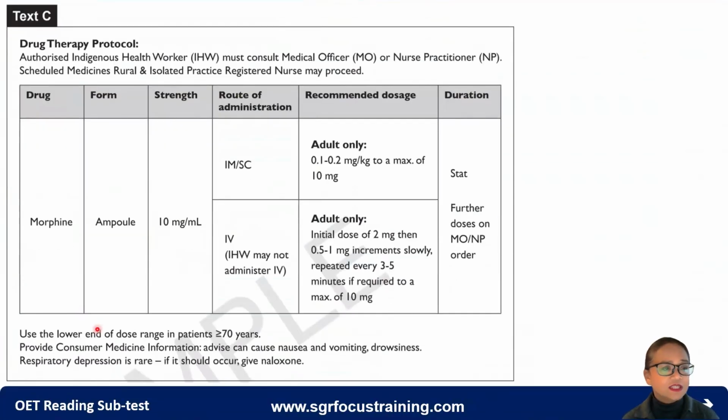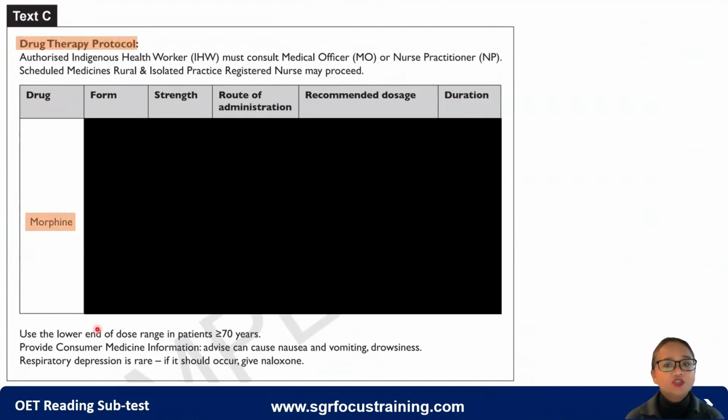Again, very different presentation. So this time, we're being shown a table. When you have a table, that means the heading at the top typically talks about the topic inside the table. So in here, we've only got one topic that is just about morphine, nothing else.